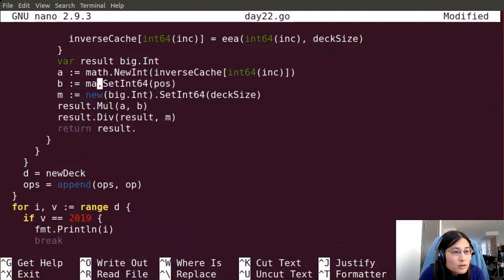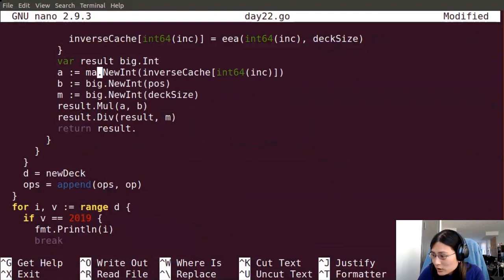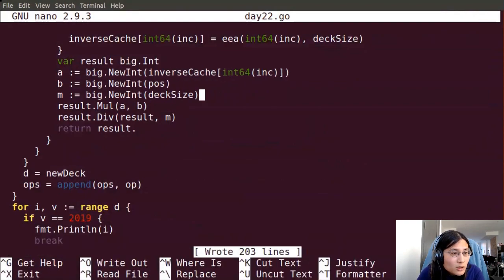Okay. All right. Copies of ints are not supported.